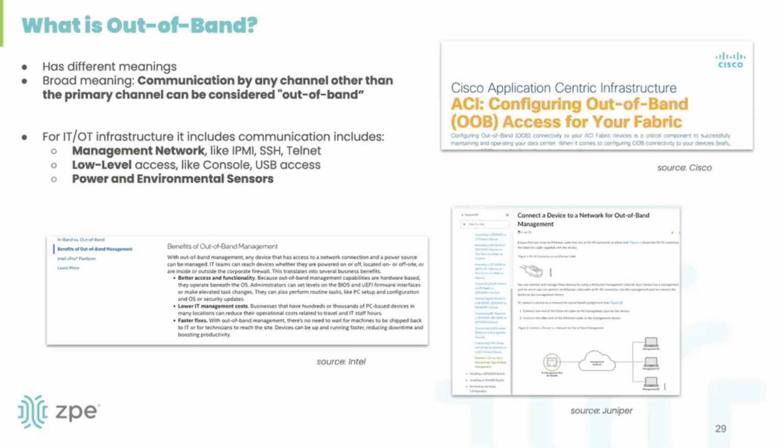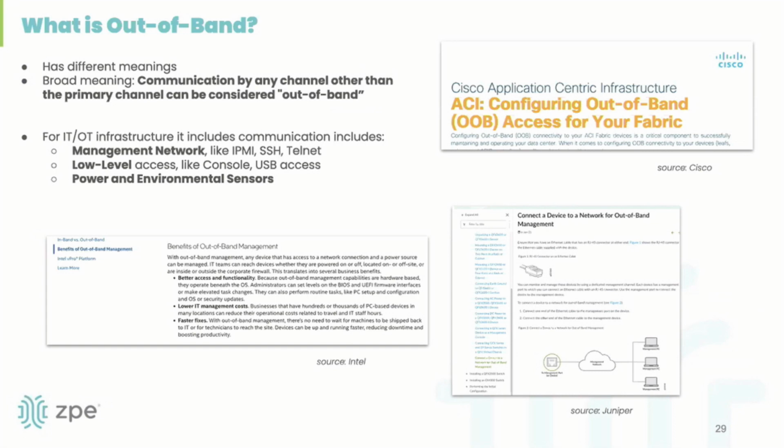Because of that, for us, out of band means actually everything altogether, unified. So we are talking about the traditional out of band, the low-level non-IP based access, like console connections, USB access, any of those. But we're talking about the management network as well.